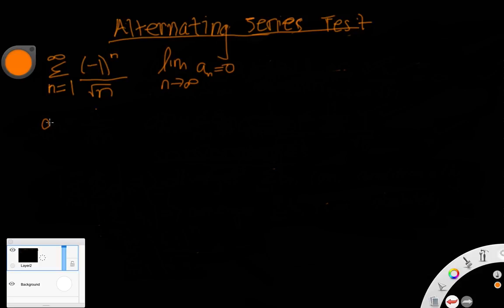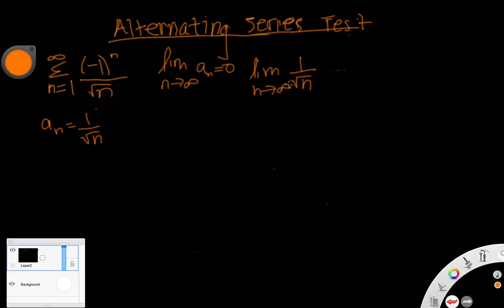And we're going to define a sub n as 1 over radical n. Basically, a sub n is always going to be the series without the alternating part of it. So if you take out this -1 to the n, you have 1 over radical n. And that's always going to be what a sub n is. So we have to prove that the limit, as n approaches infinity, of 1 over radical n is 0.